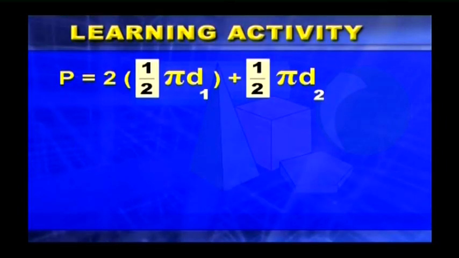Okay, let's have a look at how it can be calculated. P is equals to 2. What does this 2 represent? We just went through the diagram together. What does the 2 outside the bracket represent?